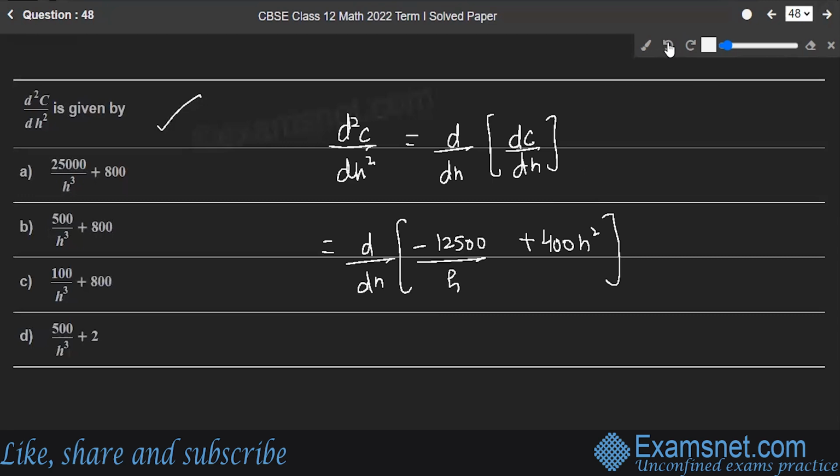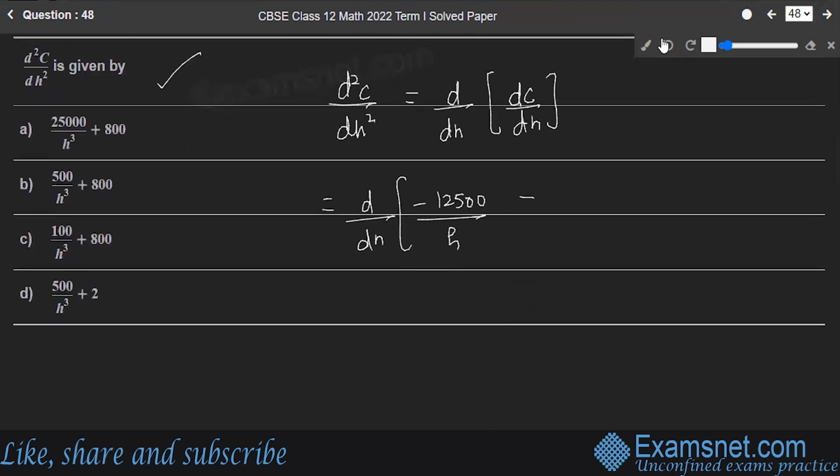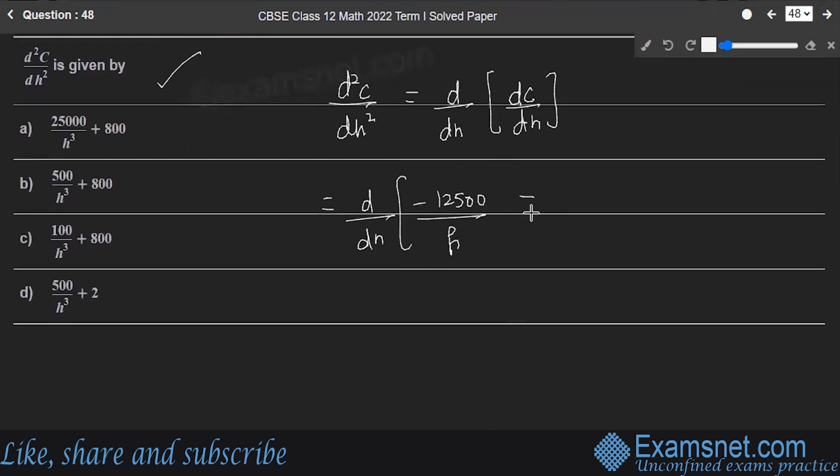No, sorry, this was plus 800h, right? From the previous question, you can check that. Okay. So the second derivative now will be equal to, here was h square. You can refer to the previous question for this value.